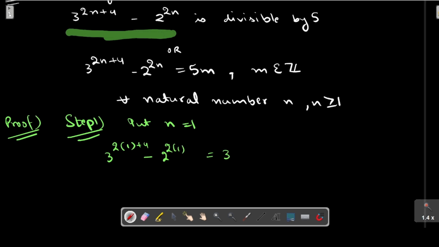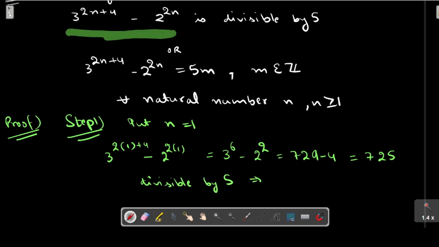So now 3 to the power of 6 minus 2 to the power of 2. So that's 729 minus 4, and that's 725, right? 725 is divisible by 5, right? So what do we get? n is equal to 1 is true.